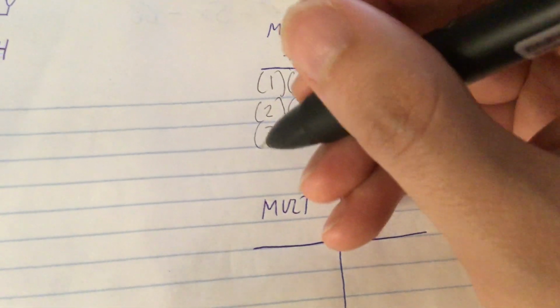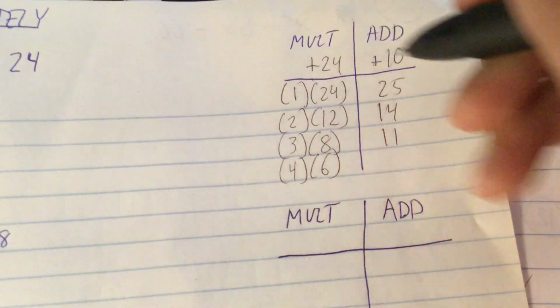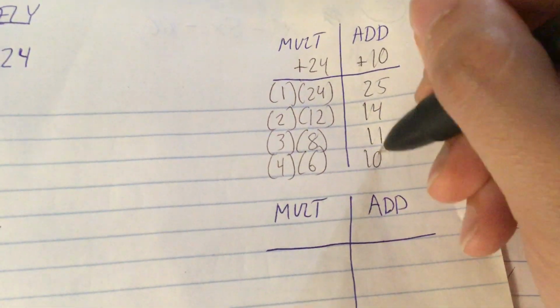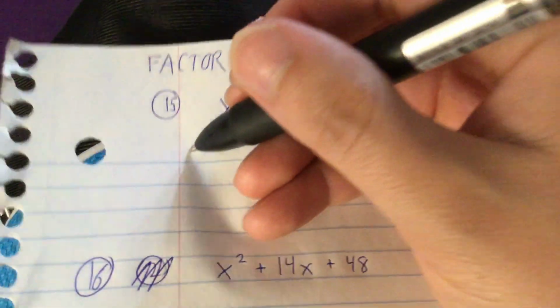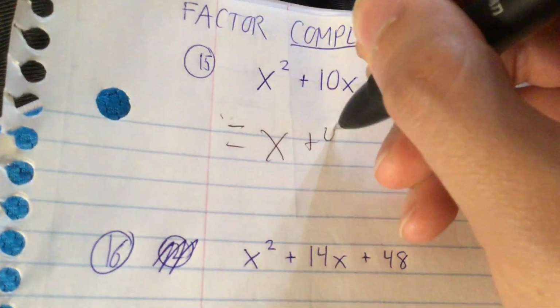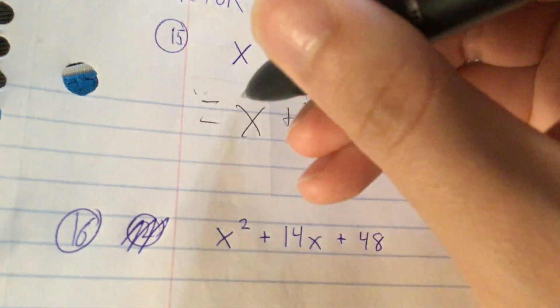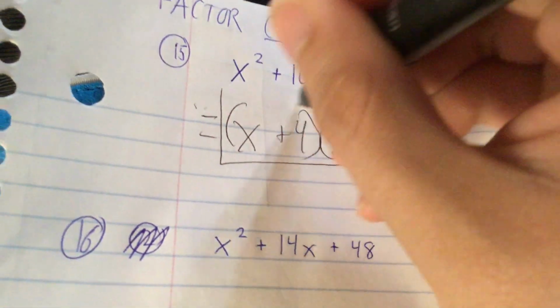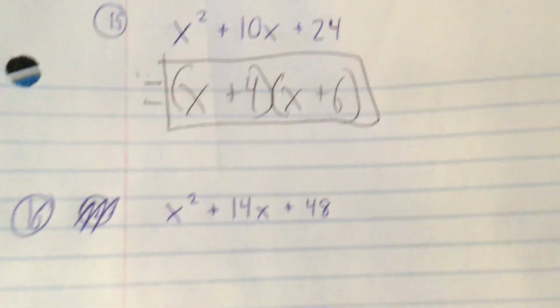Not quite. 4 and 6. 4 times 6 is 24. 4 plus 6 is 10. The winner. Positive 4, positive 6. So this becomes x plus 4 times x plus 6. Sorry, writing at an angle. But yes, the winning combination is positive 4, positive 6.